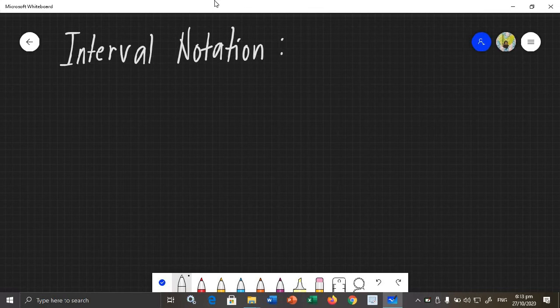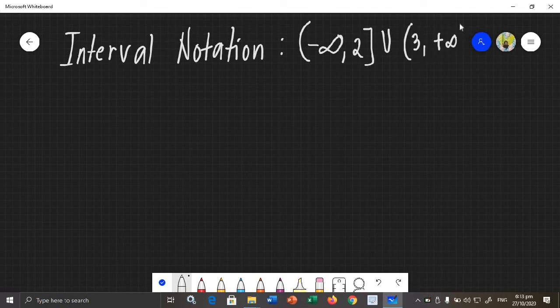And let's say that interval notation includes, again, the negative and positive infinity. So, let's say we have negative infinity and then 2, union, say 3 up until positive infinity.